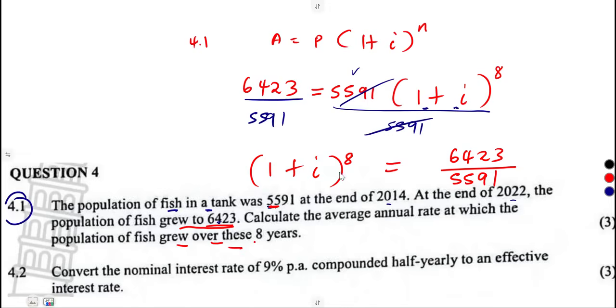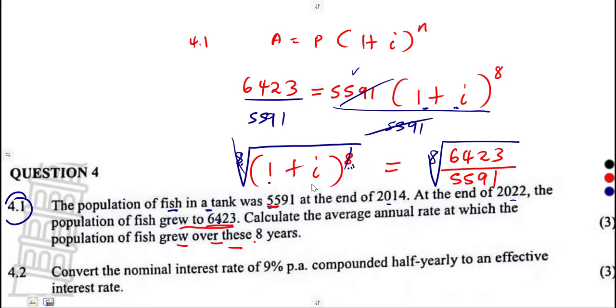There is the i that we want, raised to the exponent of 8, in that bracket. So to get rid of the exponent of 8, we take the eighth root, or you raise to the exponent of 1 over 8.